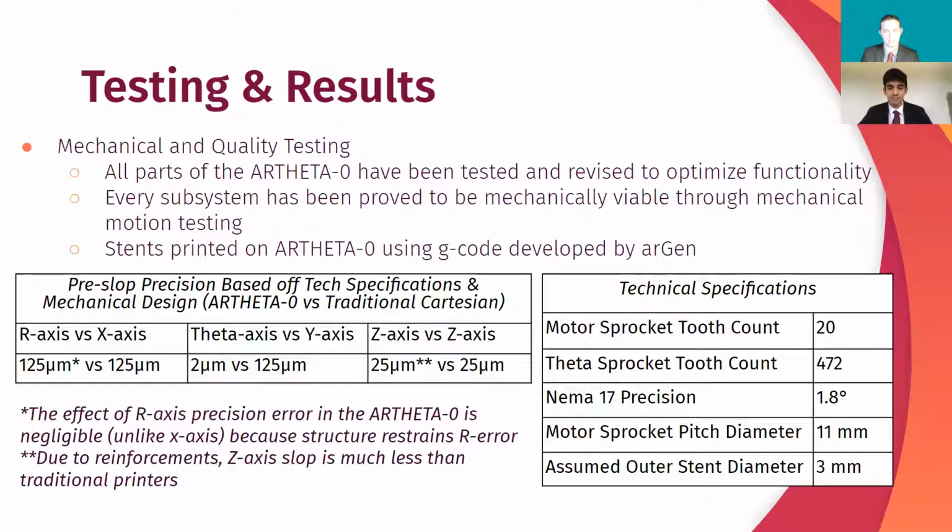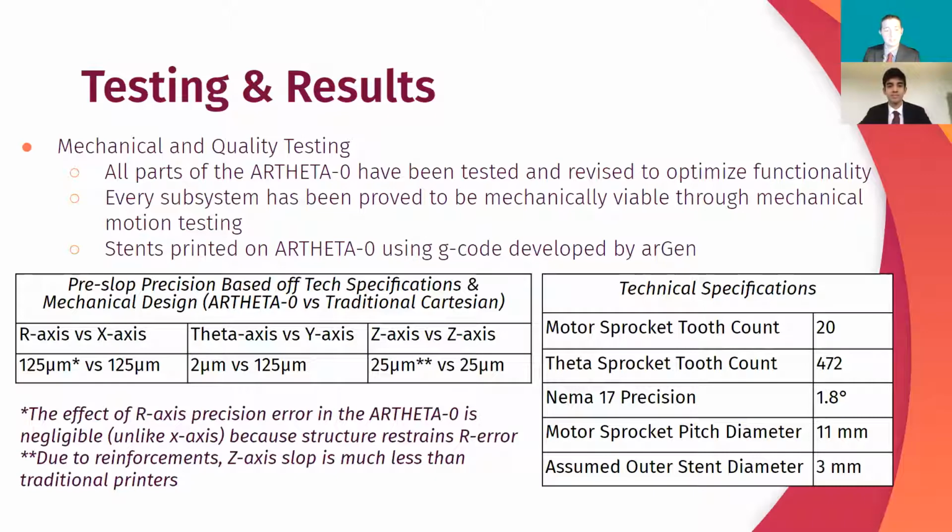In terms of precision, we have some incredible precision. The first of these is the R-axis, which has similar precision to the X-axis of a traditional FDM printer. However, due to the nature of the geometry of these stents and the actual effects of polar printing, the impact of that R-axis precision error is considerably negligible, right? And then additionally, the theta axis has a predicted precision of an incredible 2 microns, which is over 60 times better than that of the comparable y-axis of a standard 2D printer.